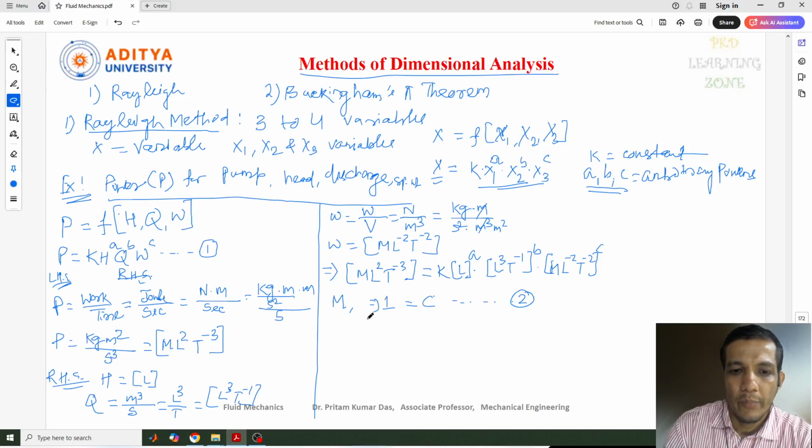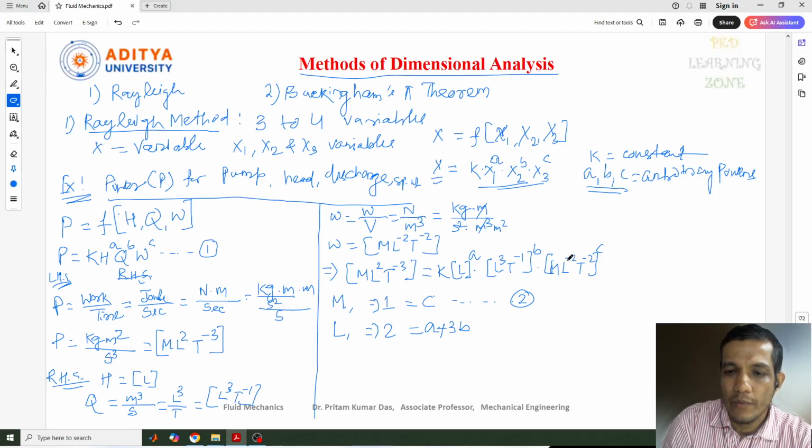Now similarly compare the dimension analysis for length. On this side 2 is there, so let's write 2 equals; here length is 1 to the power a, so 1 into a, this is a. And next is L^3 with b, so plus 3b.